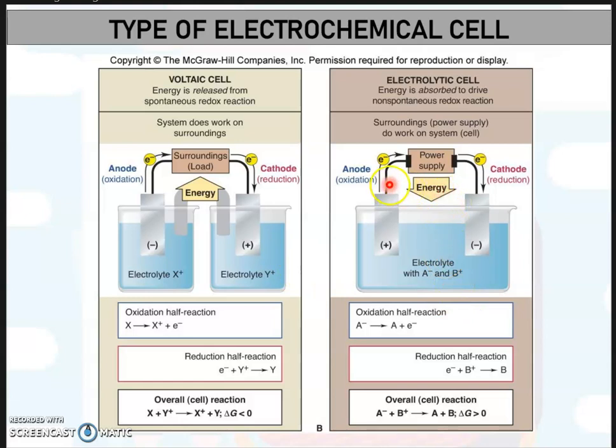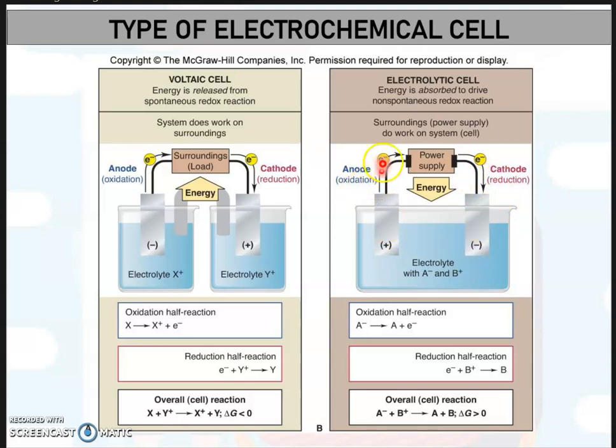Okay, so for electrolytic cell, the surrounding means that the electrical power supply does work on the system, the cell. So we have anode. For electrolytic cell, anode is positive. For voltaic cell, anode is negative. It is opposite. While cathode is negative.